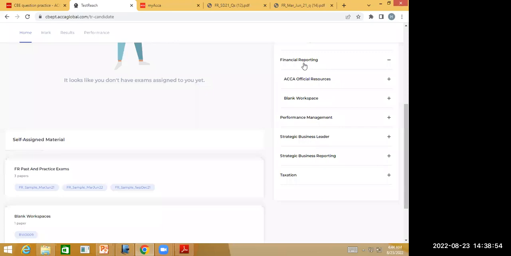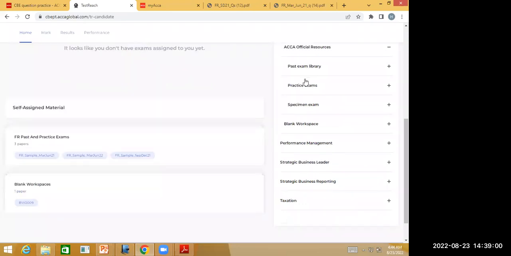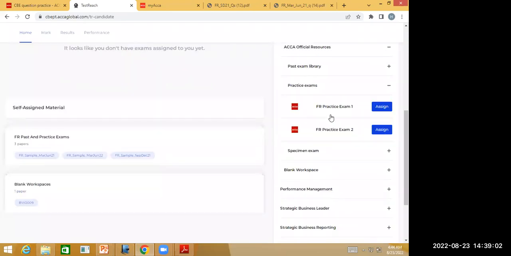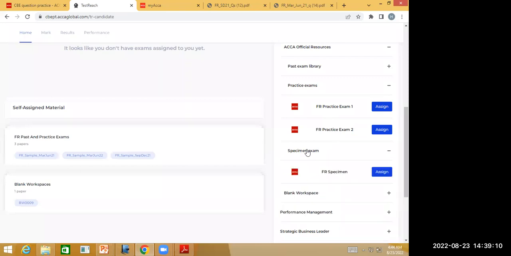So in the financial reporting area, blank workspace, ACCA resources, we have some practice exams. Have you attempted these 2 practice exams up till now? Not yet. So please try to attempt this practice exam, along with one specific exam, before Saturday.